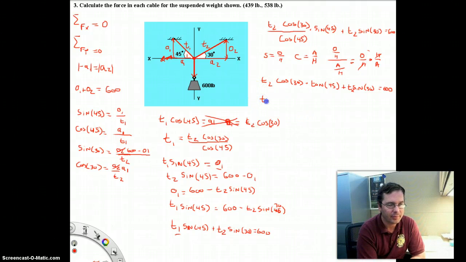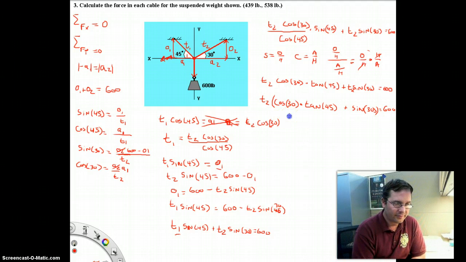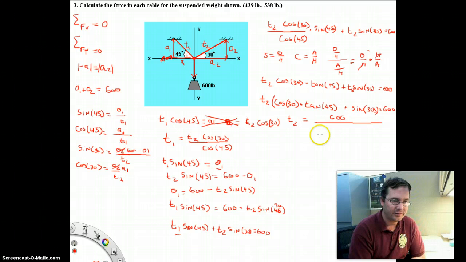So T2 times cosine 30 times tangent of 45 plus sine of 30 equals 600. Now, I'm trying to get T2 by itself, so I'm going to take T2 alone, and I am going to divide the other side by that. So T2 equals 600 over all of this junk.